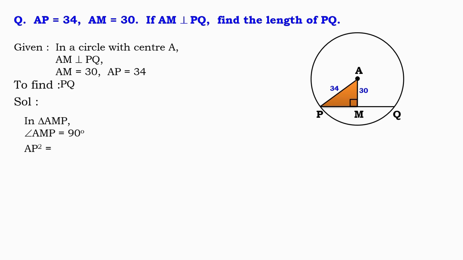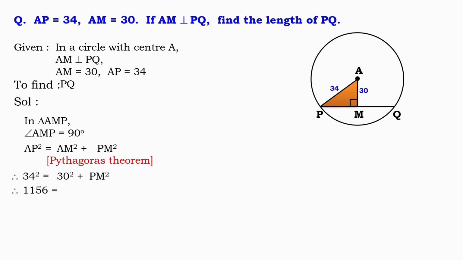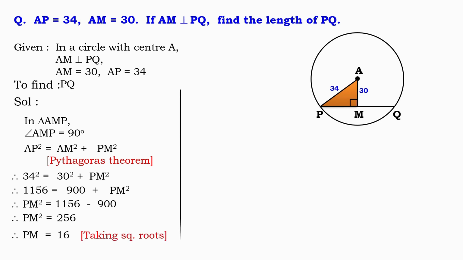So here we can apply the Pythagoras theorem, that is AP square equal to AM square plus PM square. Now 34 square equal to 30 square plus PM square. So PM square will be equal to 256. So PM will be square root of 256, that is 16. So now we know PM.